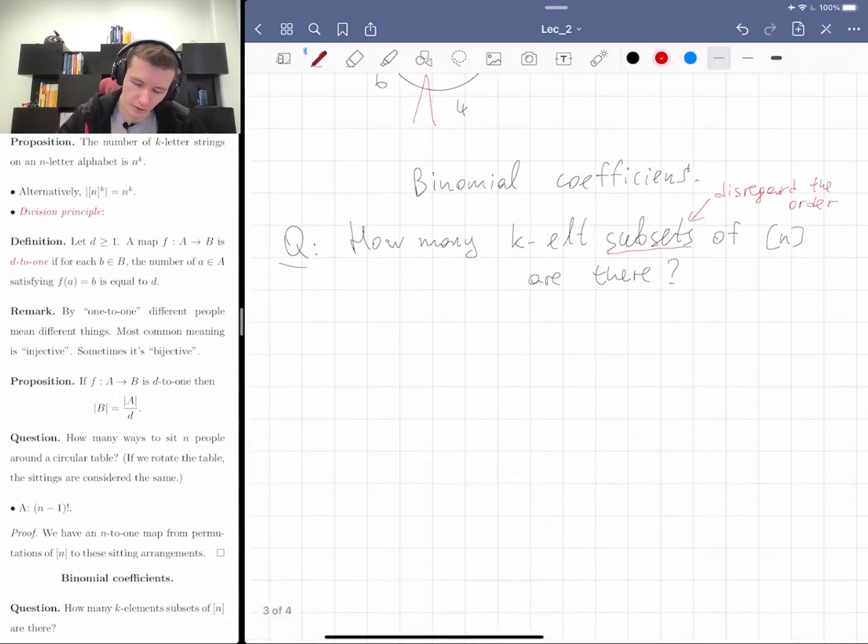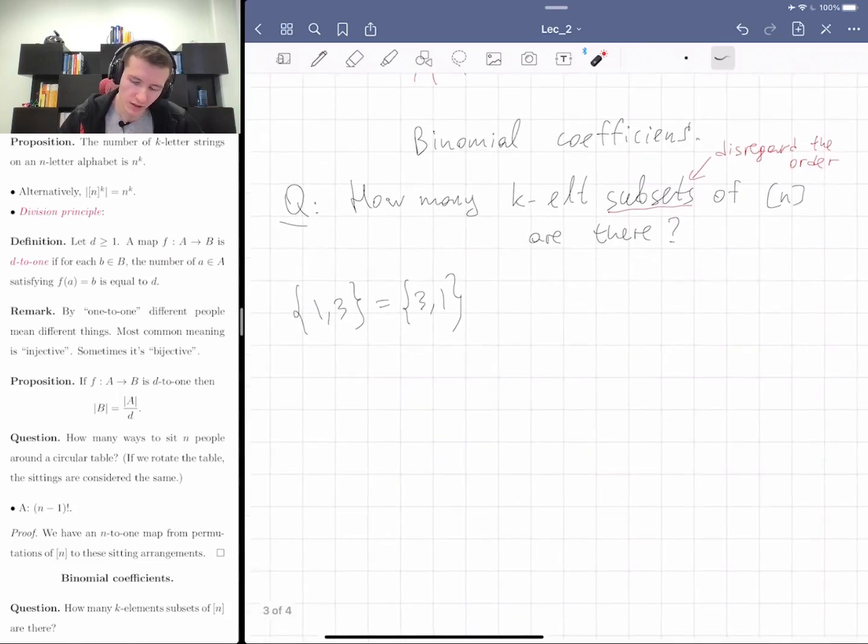So for example, the set {1, 3} is equal to the set {3, 1}. You disregard the order. Both of these are the same two-element subset of bracket n. So you ask, okay, how many? Can somebody tell me how many k-element subsets of bracket n there are?